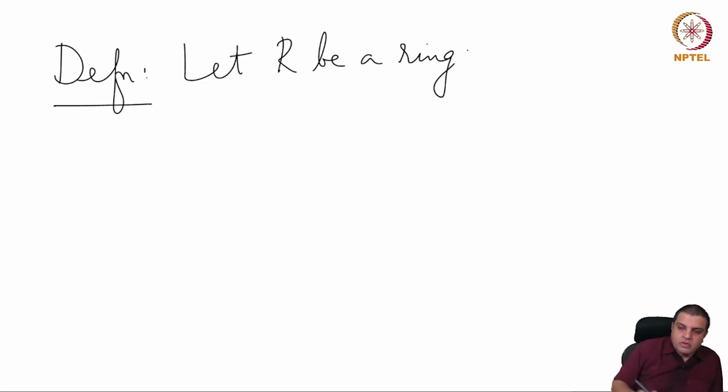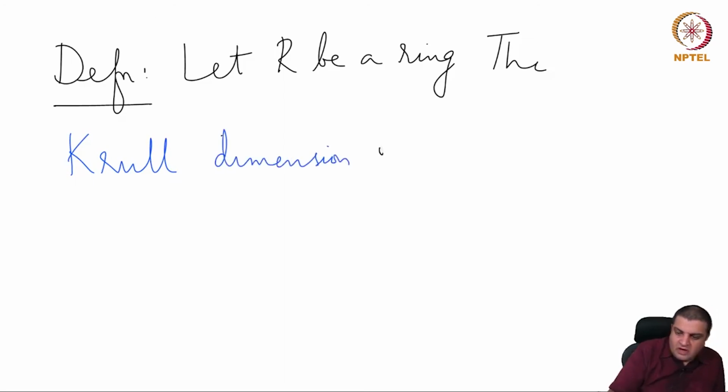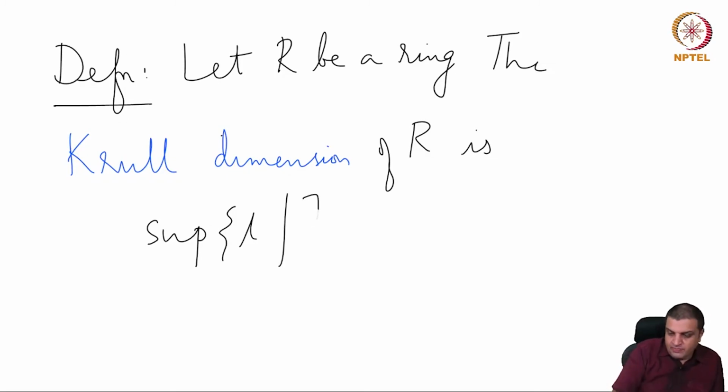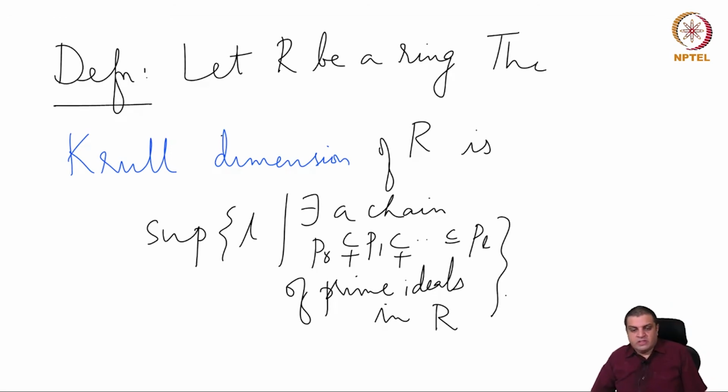The Krull dimension, named after Krull, of R is the supremum of L such that there exists a chain P0 inside P1 inside ... inside PL of prime ideals in R. So this is what a Krull dimension is. Let's look at a couple of examples.